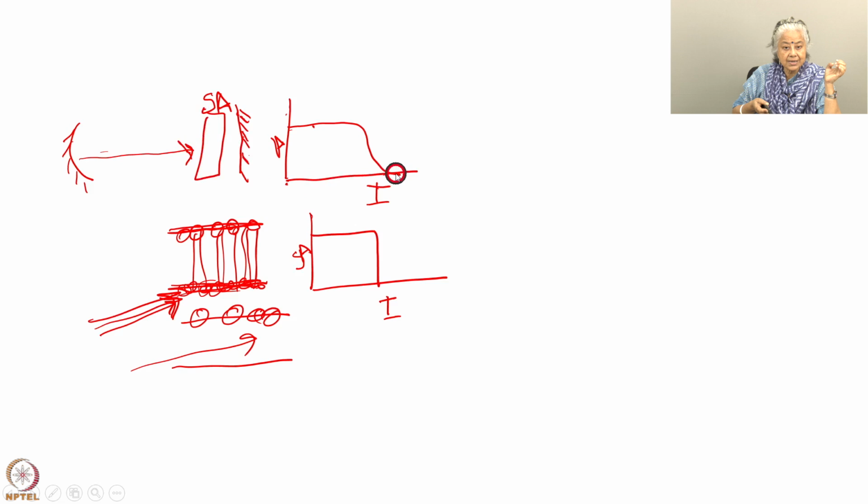At a high intensity the absorption is 0 and the transmission is highest. So, once it is transmitted here, this mirror will reflect it back and it will go back.